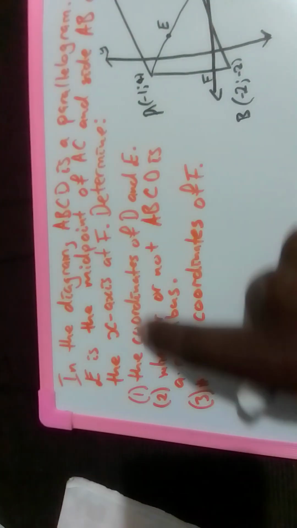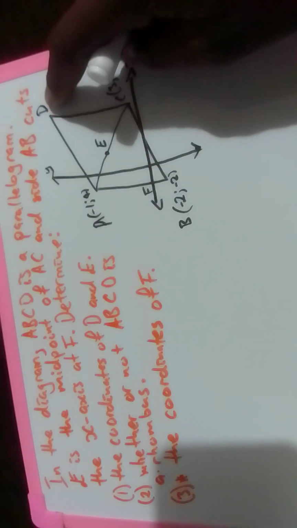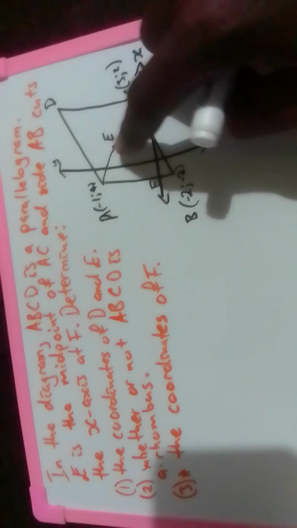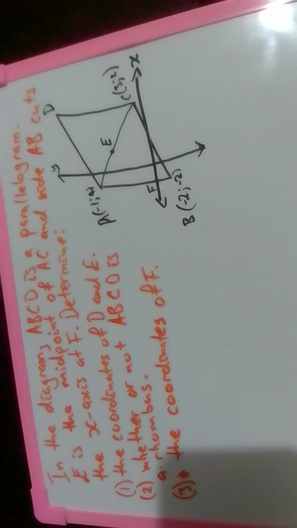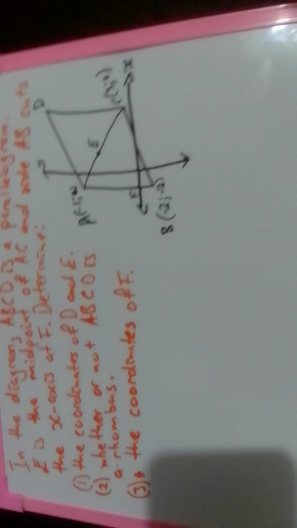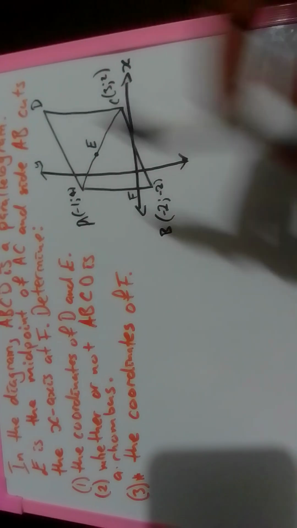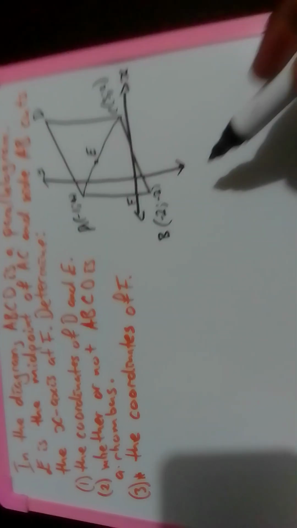Now let's see. Determine 1: the coordinates of D and E. So point D does not have coordinates, point E does not have coordinates. However, this is when you use the advantage of Euclidean geometry, knowing the properties of this particular parallelogram. What do we know?